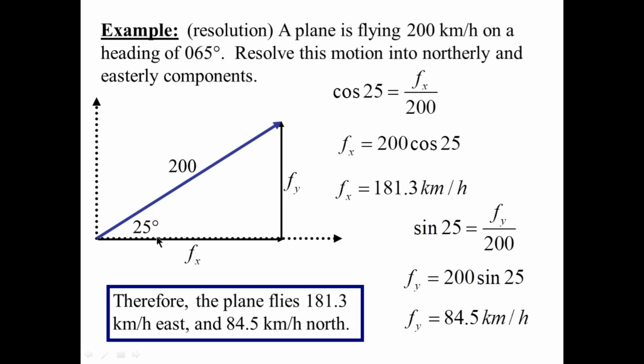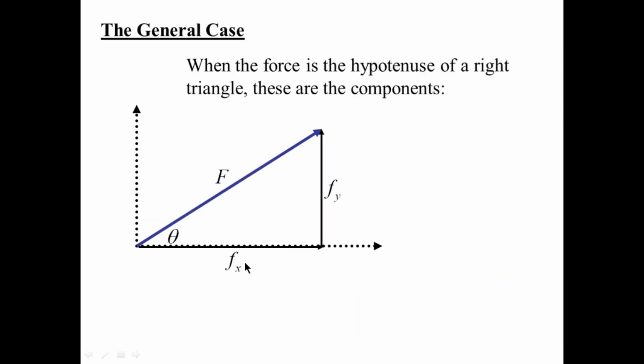It's taking a vector and expressing it as a sum using trig, SOHCAHTOA. Now, this diagram is so important that I wish to make it into a general case. When we have a right-angled triangle, one of the components, in this case the force in the x direction, is a multiple of the hypotenuse.